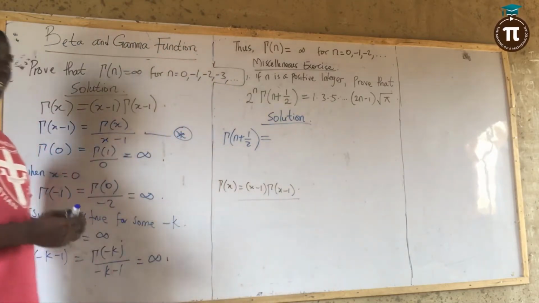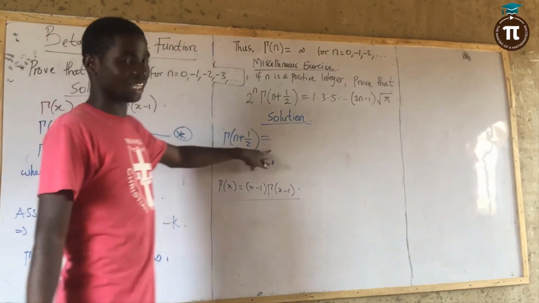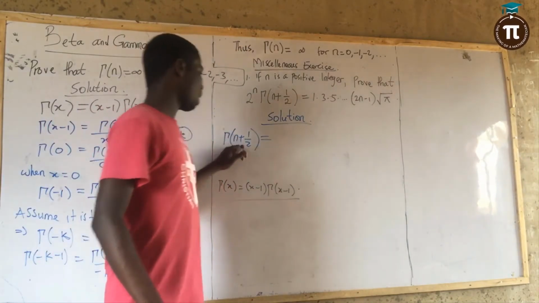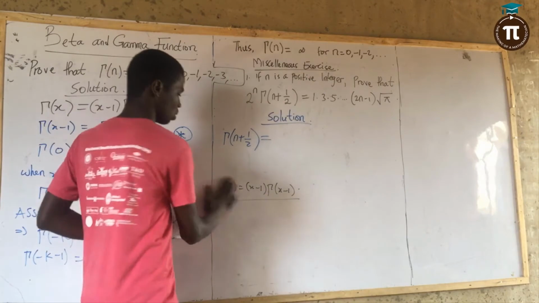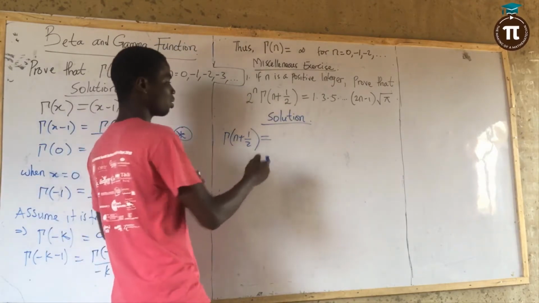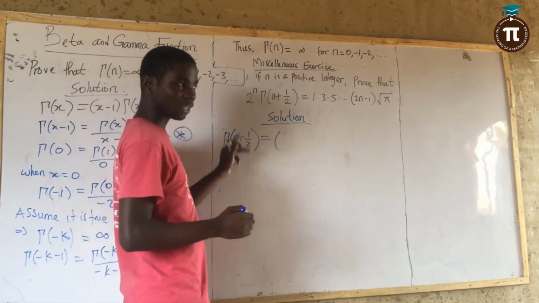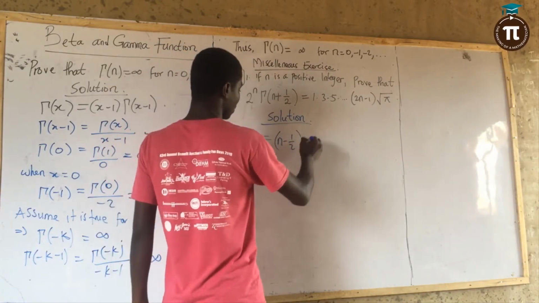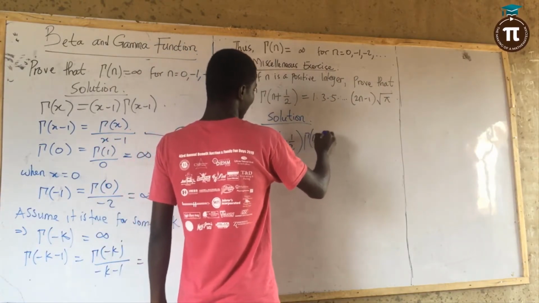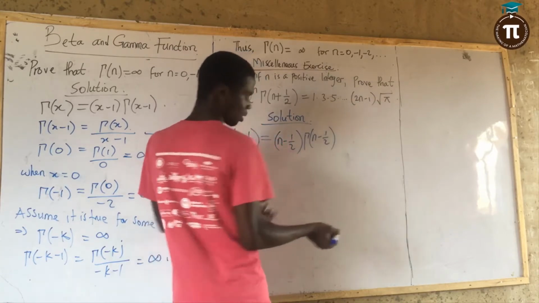This is highly important when you want to solve this type of question. So gamma of n plus 1 over 2 will be equal to n plus 1 over 2 minus 1, which will give me n minus 1 over 2, gamma of n minus 1 over 2. That's what I'm going to have.